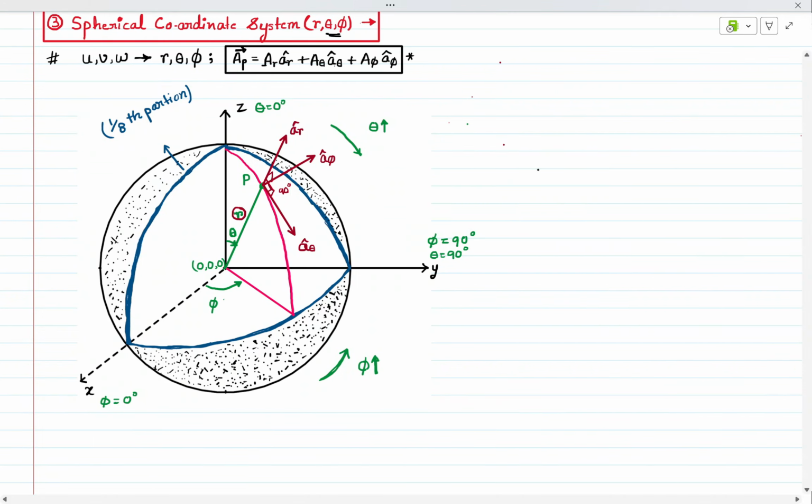Okay, let's use black. Now, as this length is r, this length is r. Which length am I talking about? This is the length.